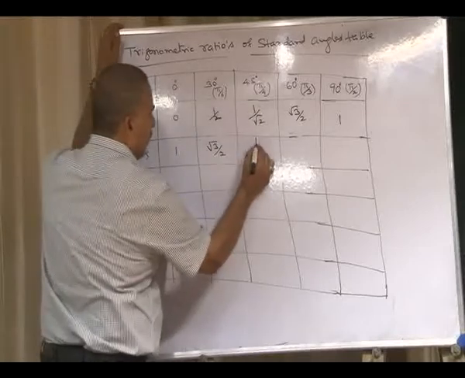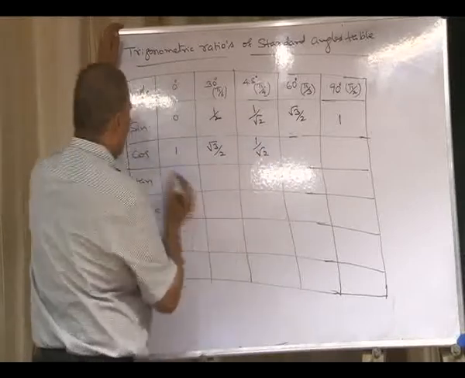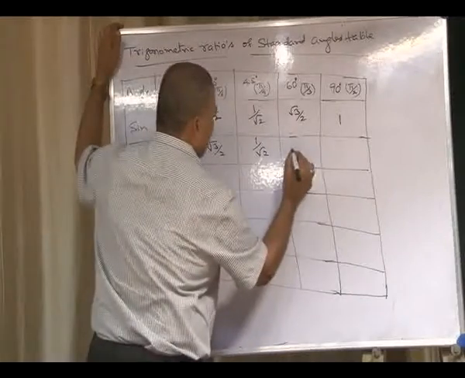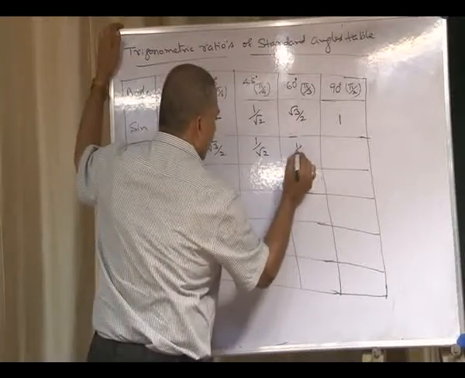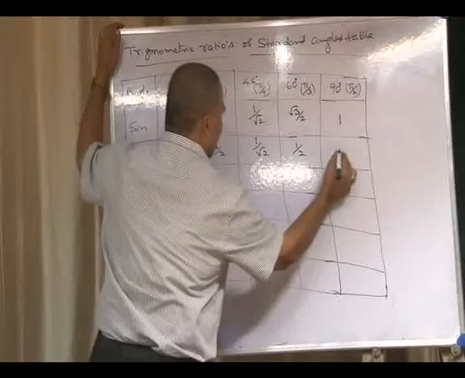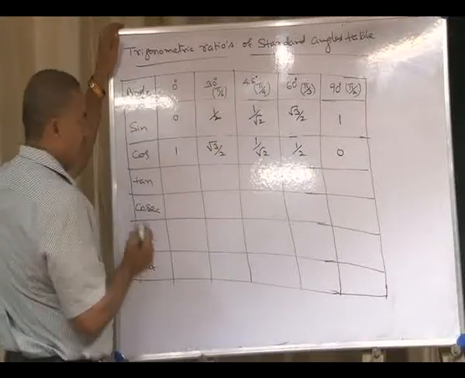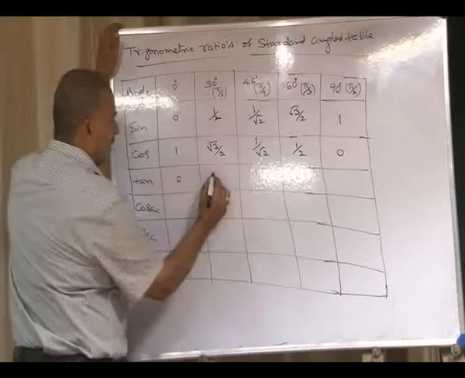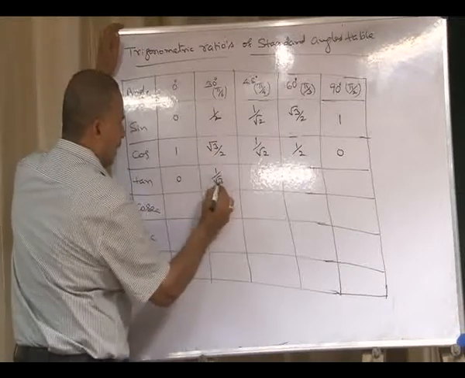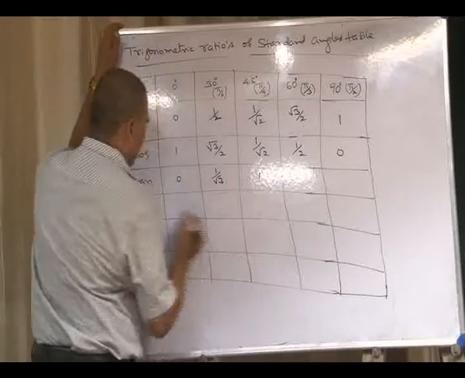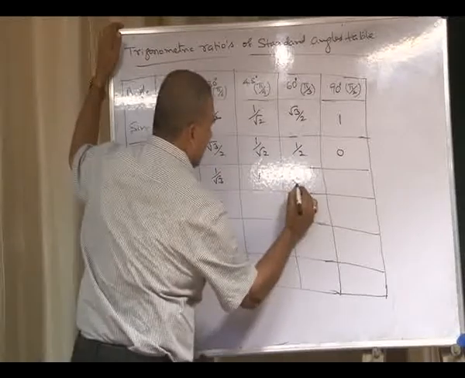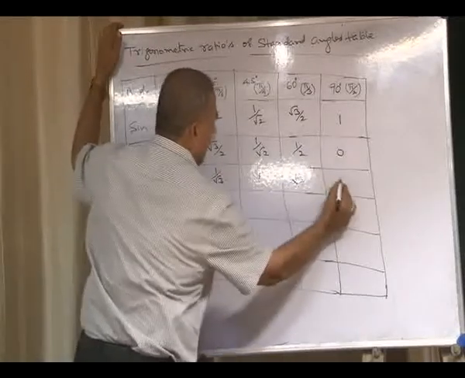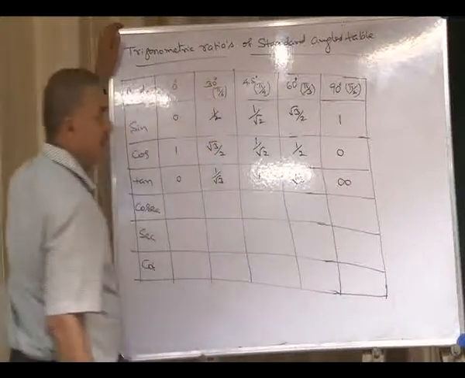Cos 45 is 1 over root 2. Cos 60 degree is 1 by 2. Cos 90 is 0. Tan values: tan 0 is 0, tan 30 is 1 over root 3, tan 45 is 1, tan 60 degree is root 3, tan 90 is infinity.